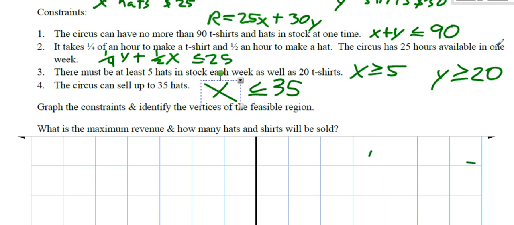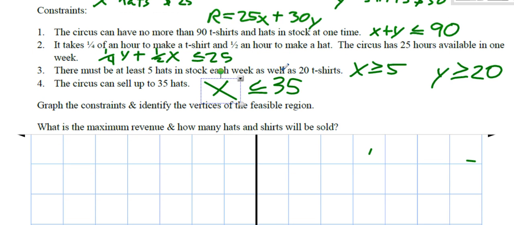we need to graph our first one at X is greater than or equal to 5. So that's the first line. X is greater than or equal to 5. On the right side, because greater than will be going to the right. 10, 20, 30, 40. Counting by 5s. So I labeled every other one for 10s.